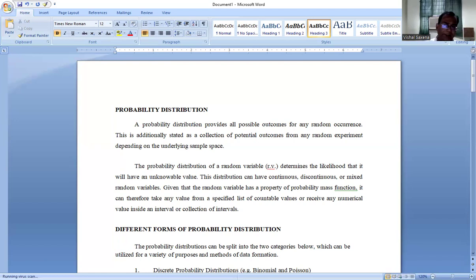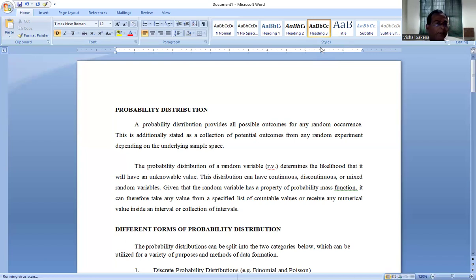A discrete random variable is one that takes a finite number of values. Such a random variable is called a discrete random variable, and its probability distribution is called the discrete probability distribution.